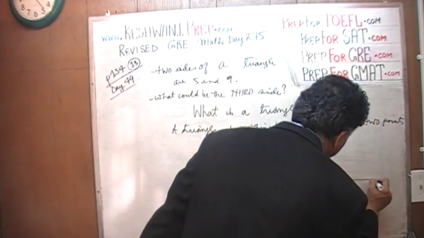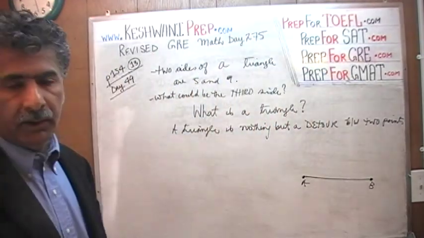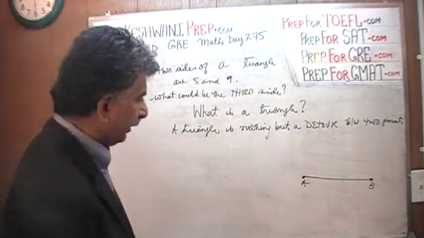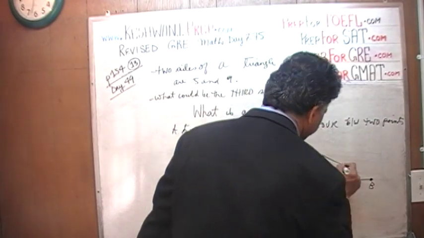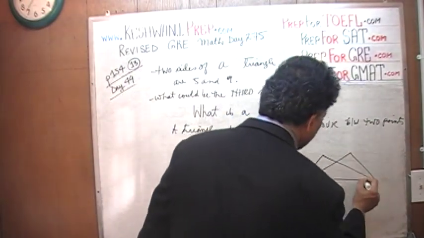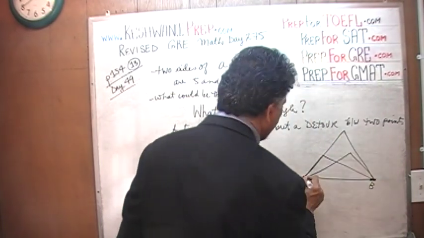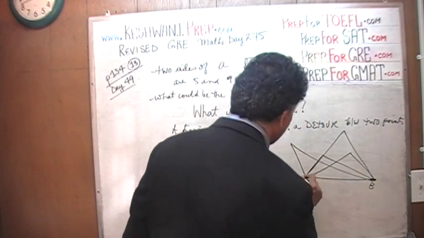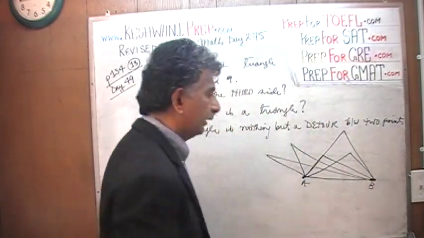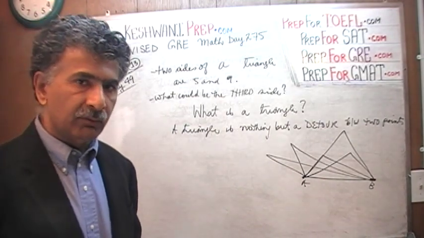I can drive directly from town A to town B, or I can make a detour like this, or like this. All of these are going to form triangles. Or I can make a detour like that, or like this. These are all detours. All of these form a triangle, which simply represents a detour from A to B.